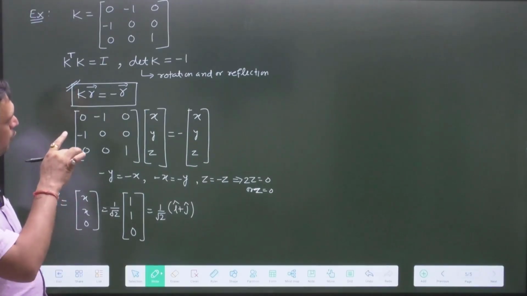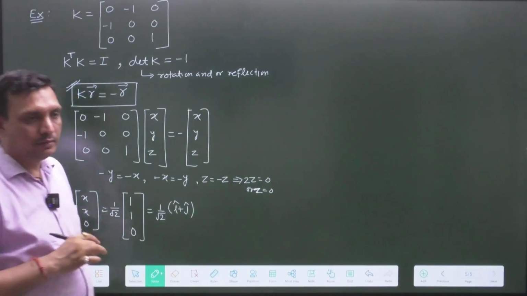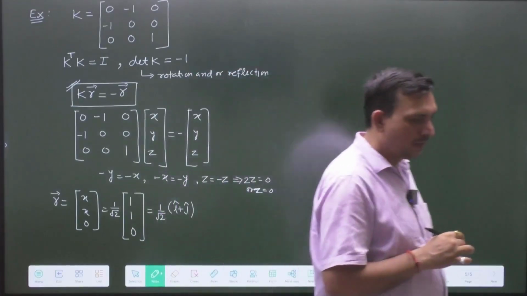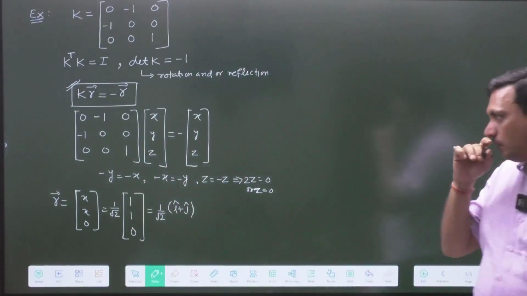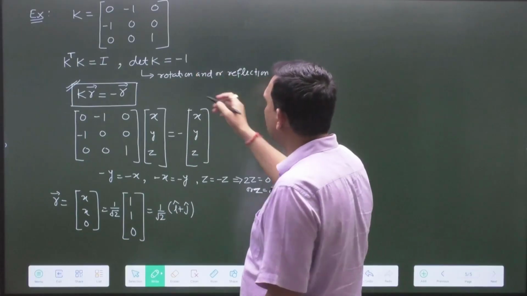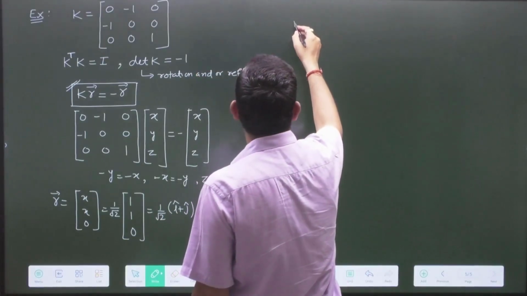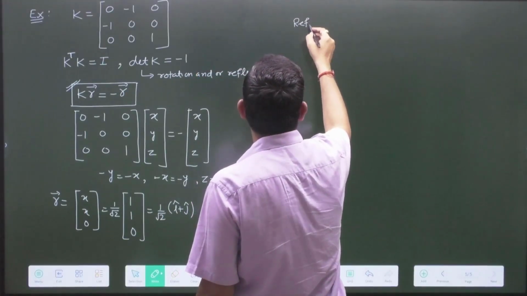But here we have to focus on what will be the reflection plane. Because the determinant is minus 1, now you have to find the reflection plane.